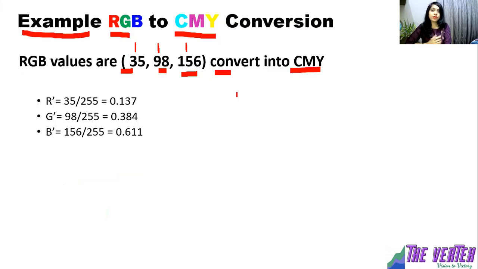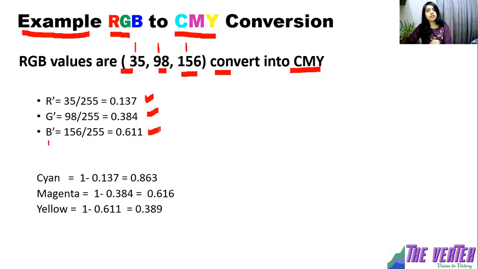So first, before starting, we have to normalize this. How to normalize this? I will calculate R dash, that is 35 divided by 255, and we will get this. Then G dash, that is 98 divided by 255, we will get this. And blue, that is 156 divided by 255, we will get 0.611.